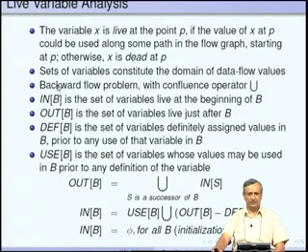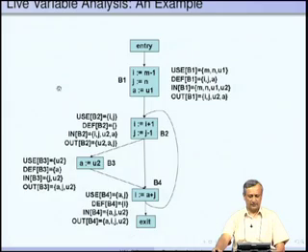When we say it is a backward analysis problem, if you look at the control flow graph here, it does not mean that the traversal of the flow graph is in reverse order. That is not the point. A forward or backward flow does not have anything to do with the traversal of the basic blocks in a particular order. In fact, I must add here that the order in which we traverse the basic blocks of the control flow graph is immaterial.